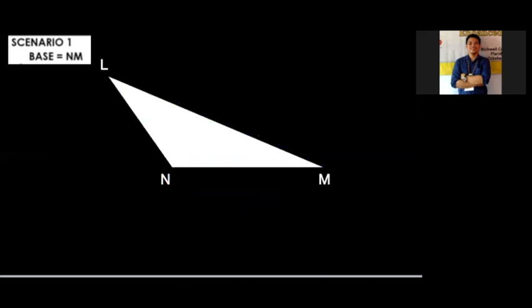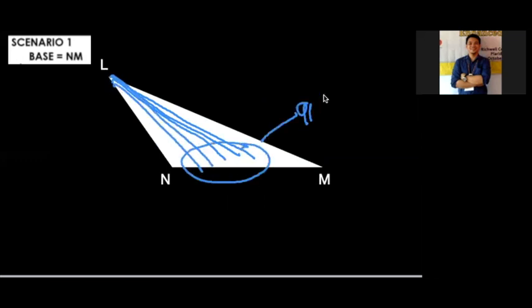In the same way, we cannot draw a line inside the triangle that would be perpendicular to the given base. All of these angles here are not equal to 90 degrees. So they are not perpendicular.